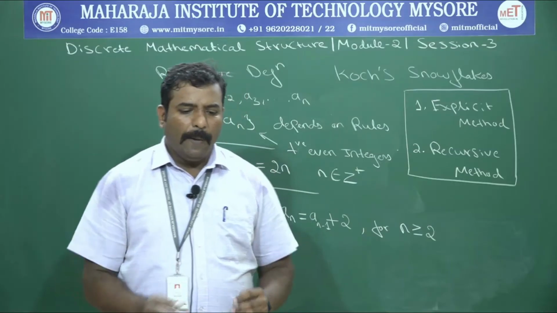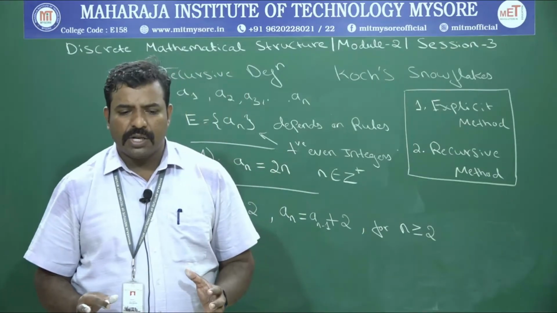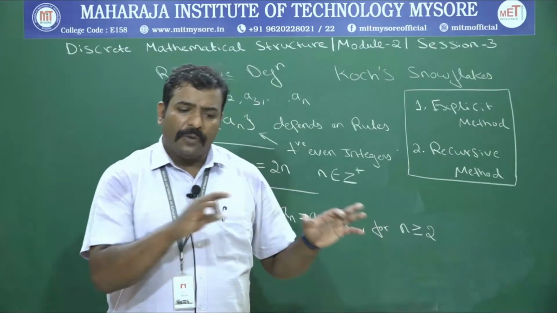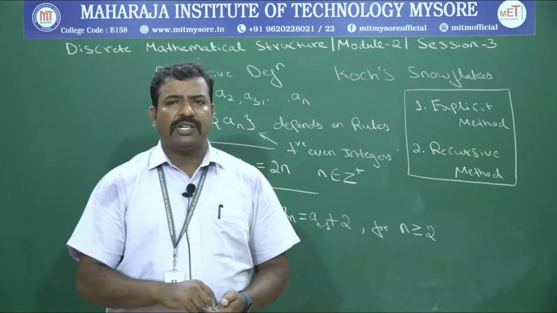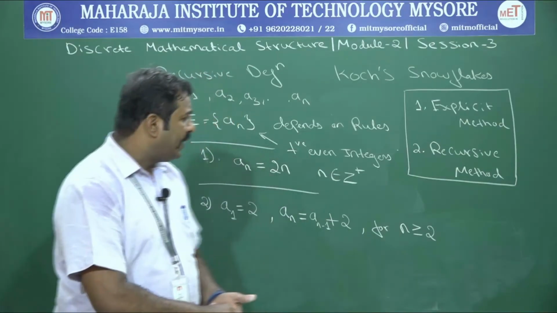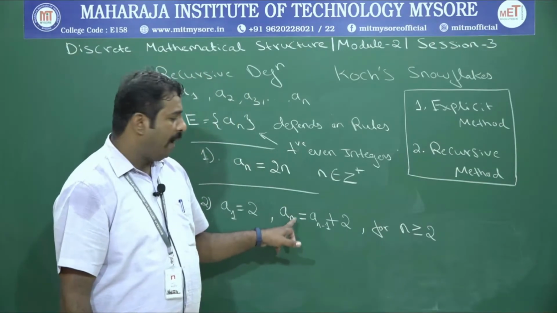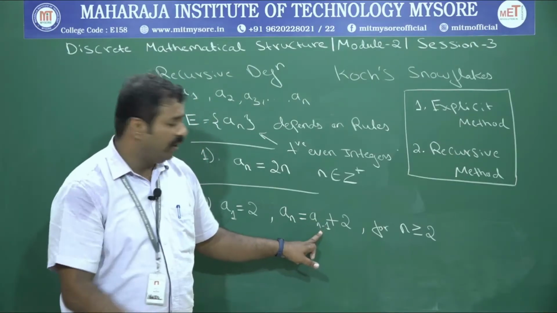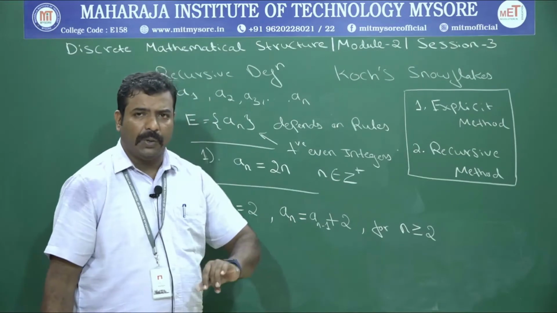That is, being at the current element, are you finding the next element, or do you want to find the current element depending upon the previous element? Being at the current element, that is n, if I am depending upon the previous element to compute the current value, then this equation will stay good.